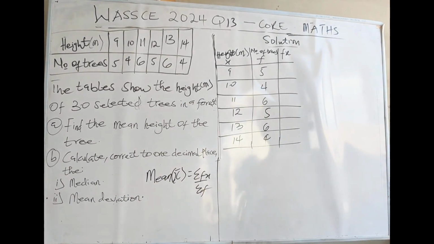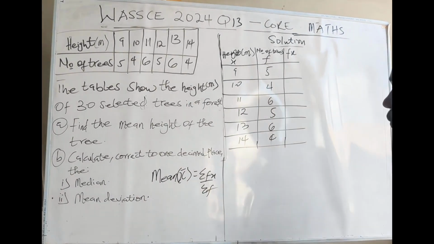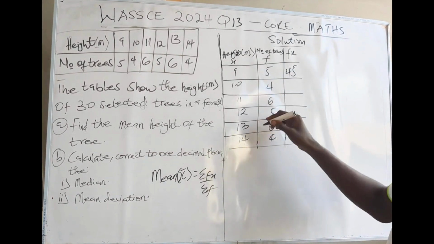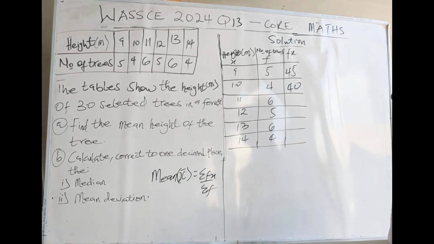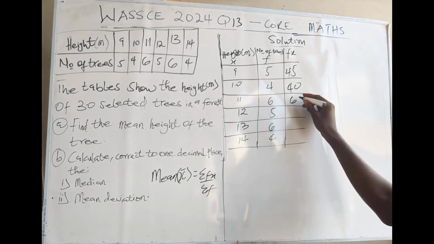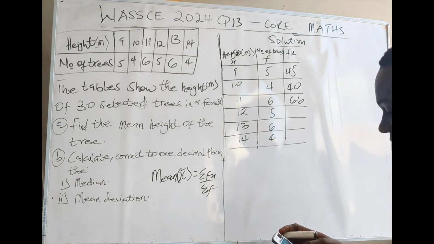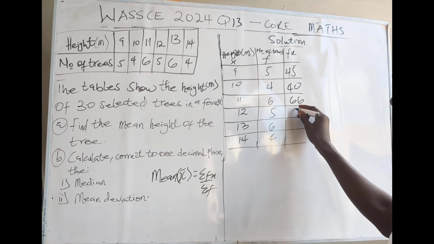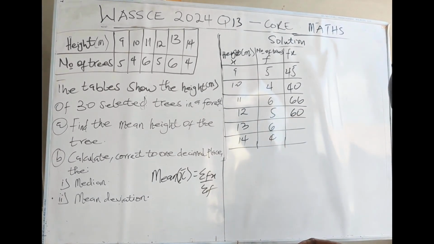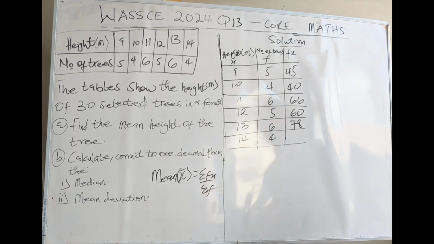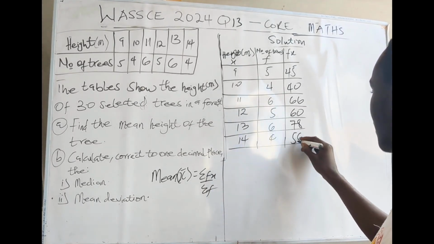So here 9 multiplied by 5 gives us 45, and 10 multiplied by 4 gives us 40, and then 11 multiplied by 6 gives us 66, and also 12 multiplied by 5 gives us 60, and also 13 multiplied by 6 gives us 78, and 14 multiplied by 4 gives us 56.